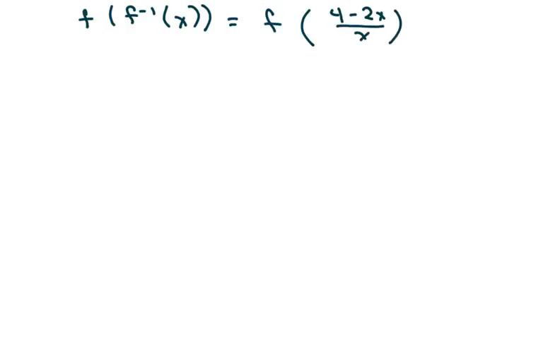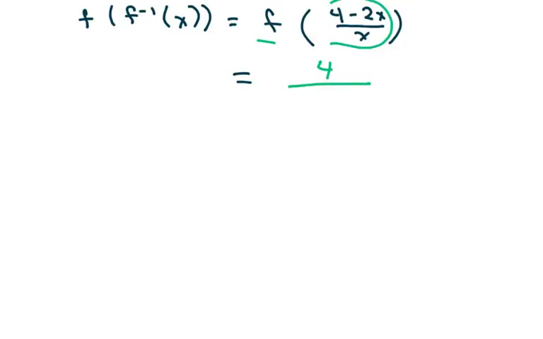We're going to verify that f of f inverse of x should equal x. So we put f, and f inverse is 4 minus 2x over x. And so I'm going to write down my f function, and that's going to be 4 over x plus 2.